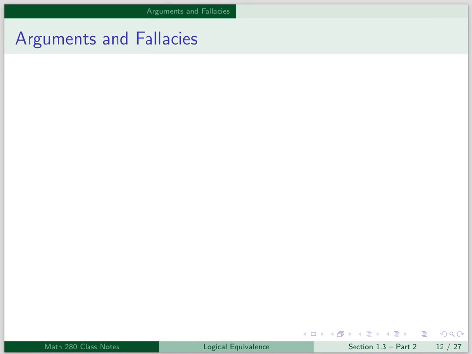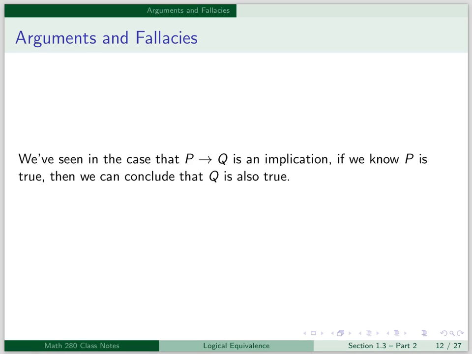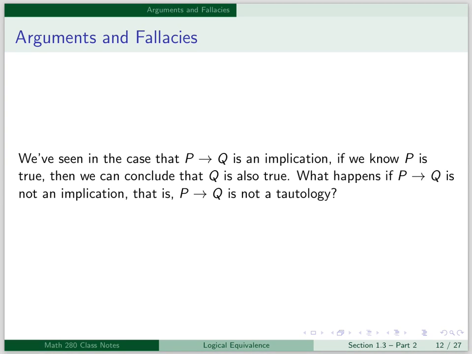Next, we want to look at arguments and fallacies. We've seen in the case that P implies Q is an implication. If we know P is true, then we can conclude that Q is also true. What happens if P implies Q is not an implication? That is, P implies Q is not a tautology.